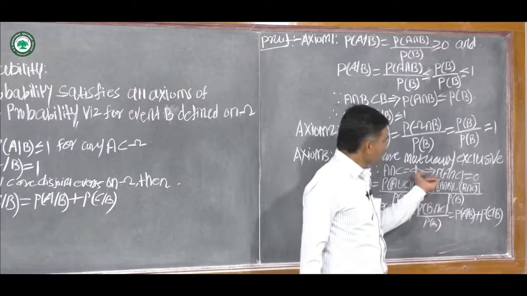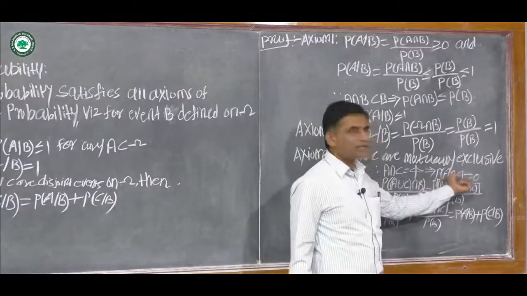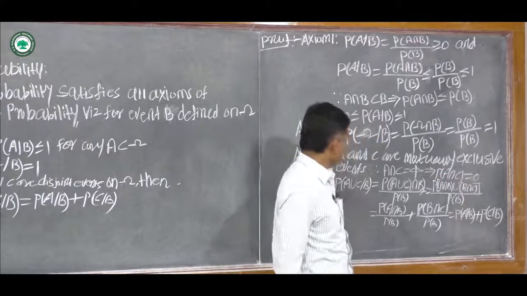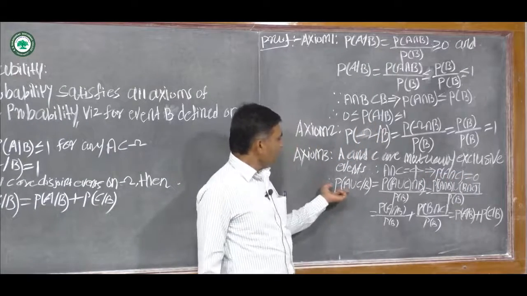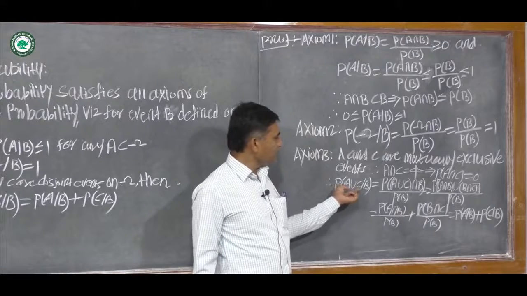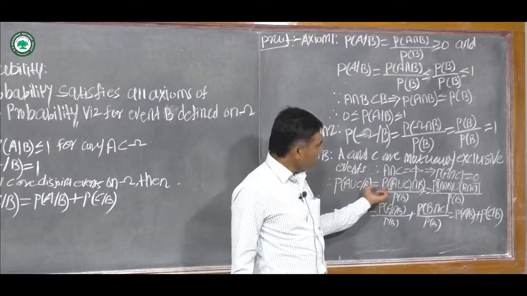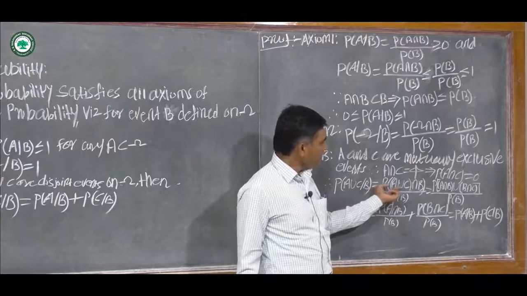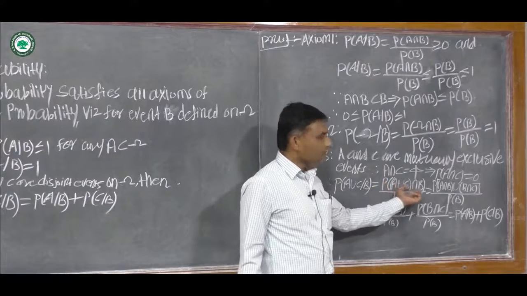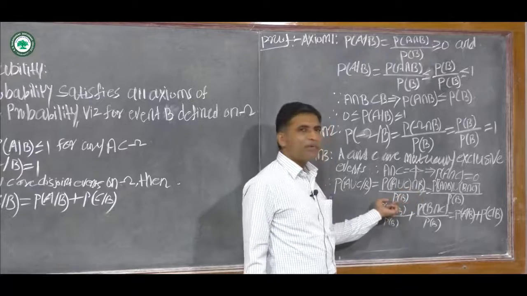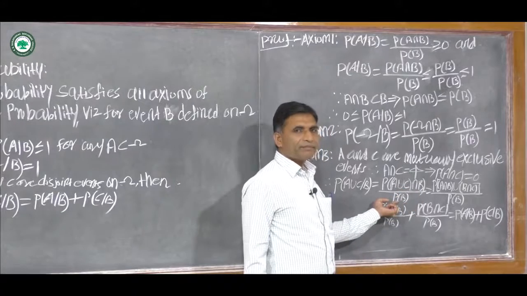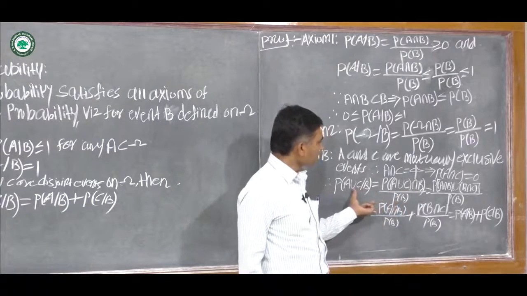Therefore, probability of A intersection C is equal to 0. Now, the probability of A union C given B is equal to probability of A union C intersection B upon probability of B, by definition of conditional probability.